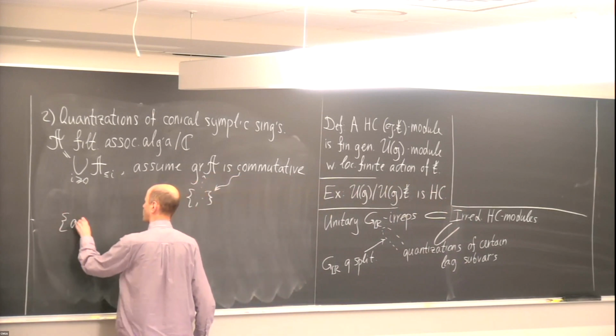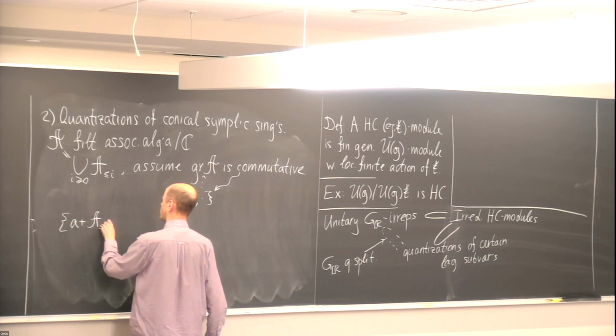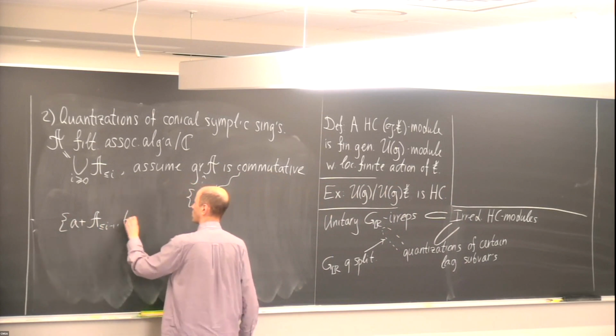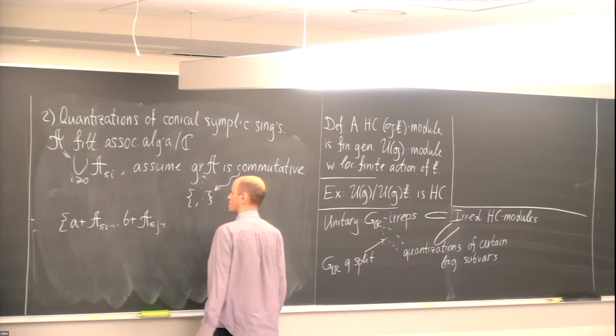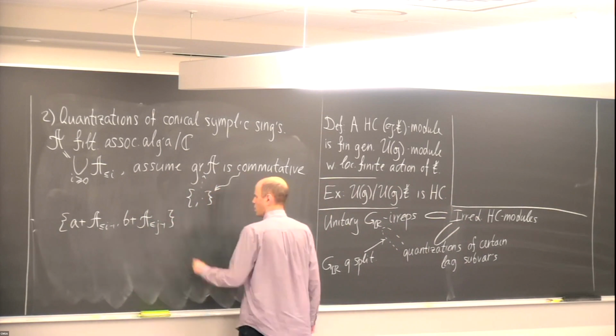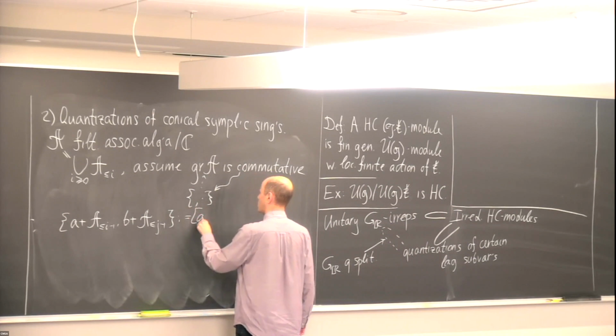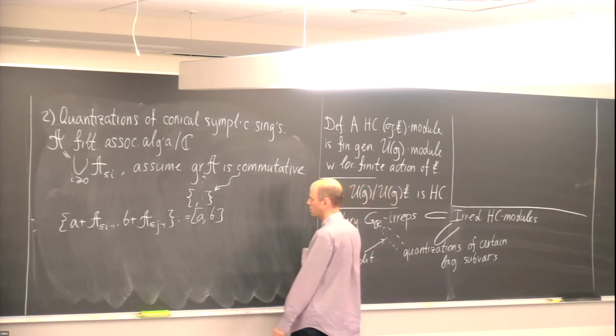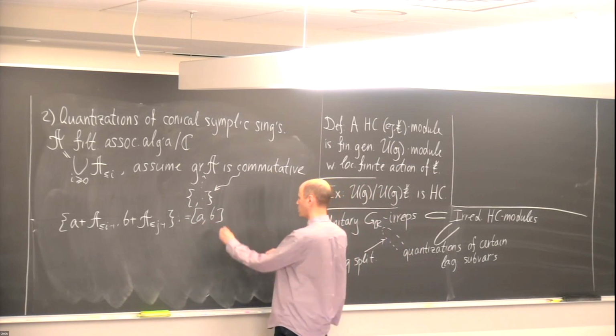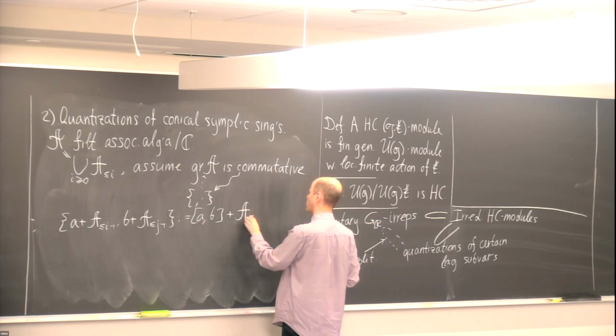The bracket of a plus elements of lower degree with b plus elements of lower degree is defined to be the Lie bracket of a and b. So this has degree i plus j minus 1 plus elements of lower degree.